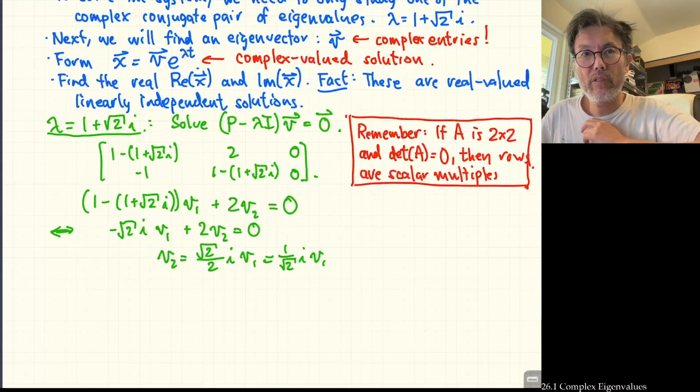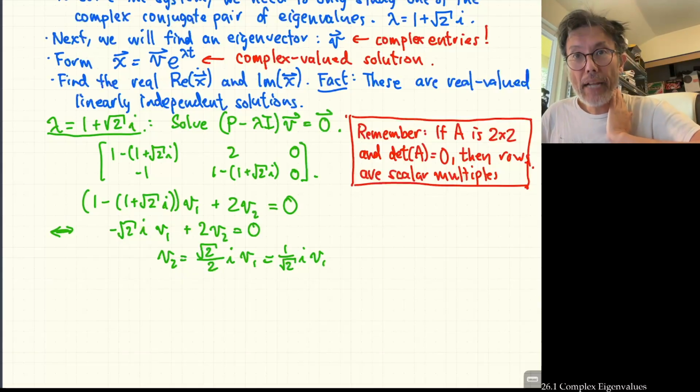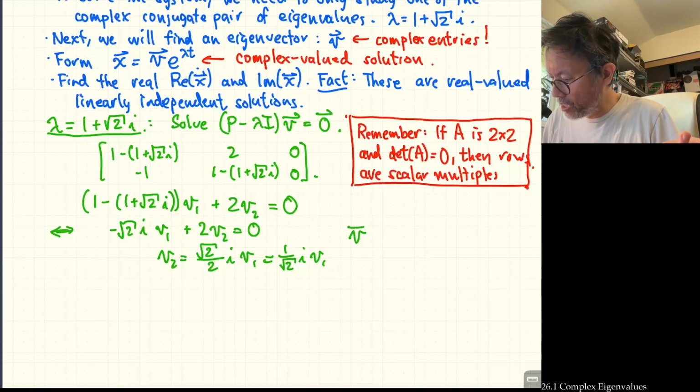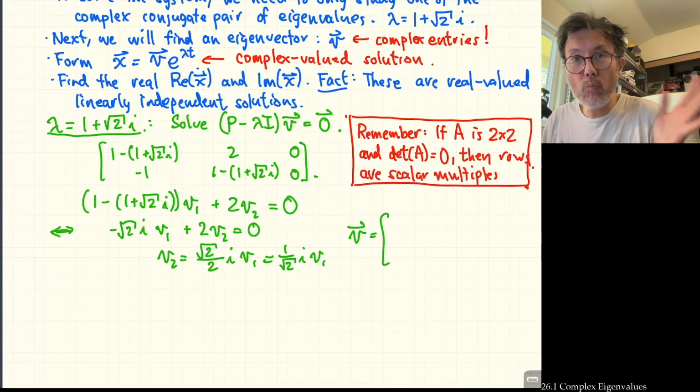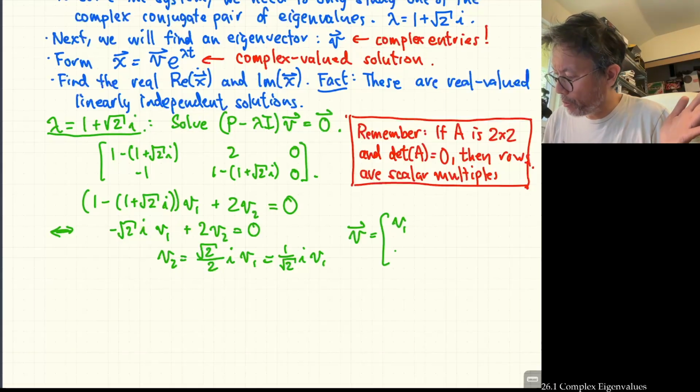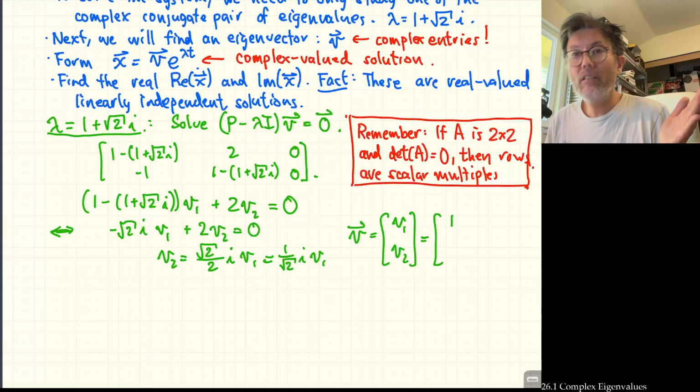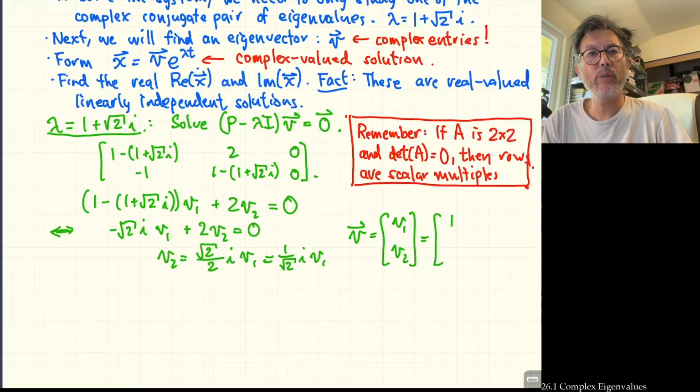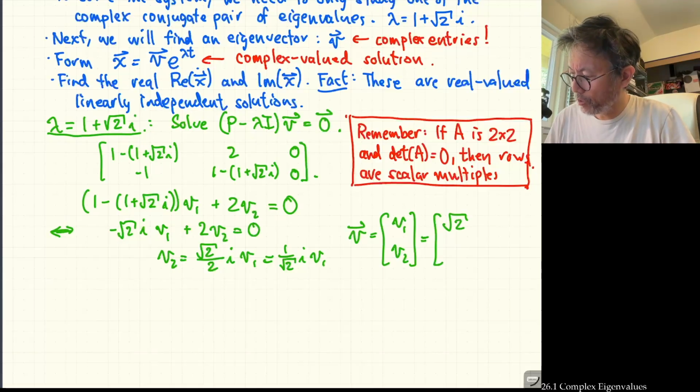So now what I can do is pick any non-zero value for V1. Our eigenvector v will then be (v1, v2). I'll take v1 to be, I don't know, 1. I could take it to be square root of 2, by the way, also. Let's take v1 to be square root of 2 instead, because that gets rid of fractions.